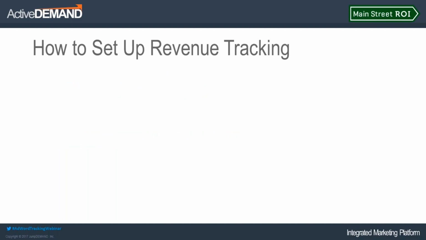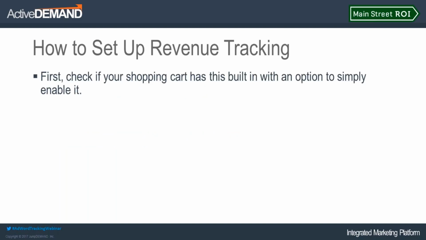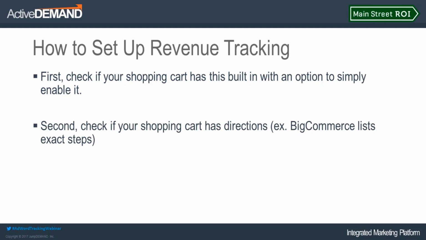But first, if you're not familiar with revenue tracking, if you have an e-commerce business and you have a shopping cart, you want to check if your shopping cart has it built in to track revenue and send that data back into AdWords. A lot of the shopping carts will have that, so you just need to enable it. If there's no way to just simply flip a switch, you want to check if your shopping cart has instructions.